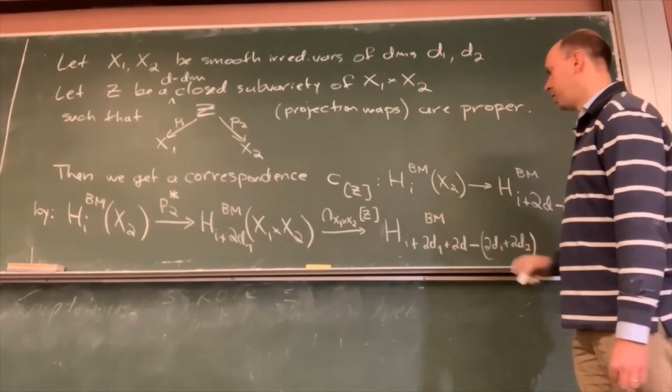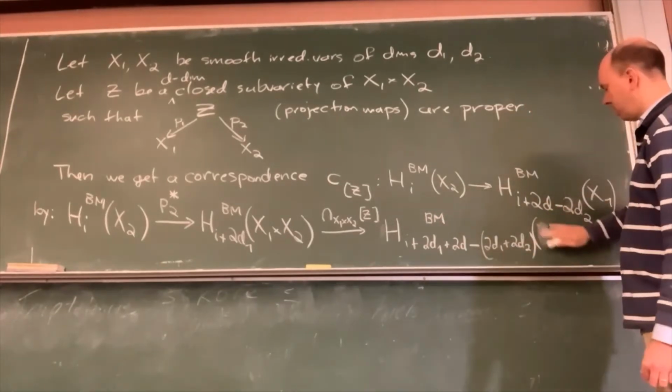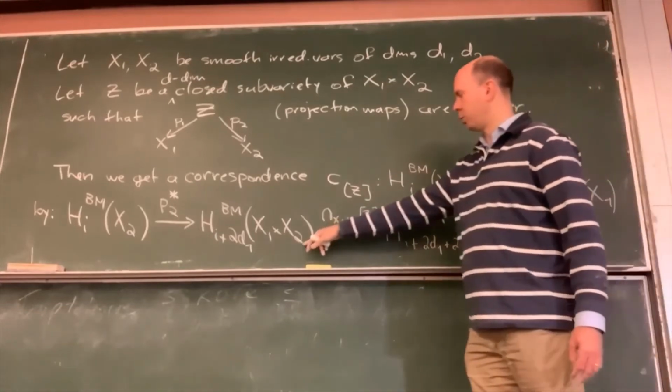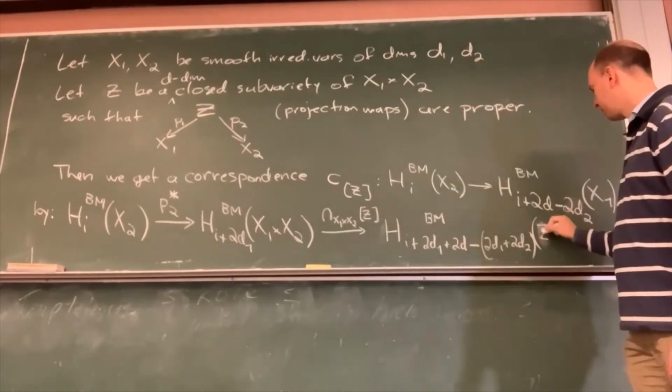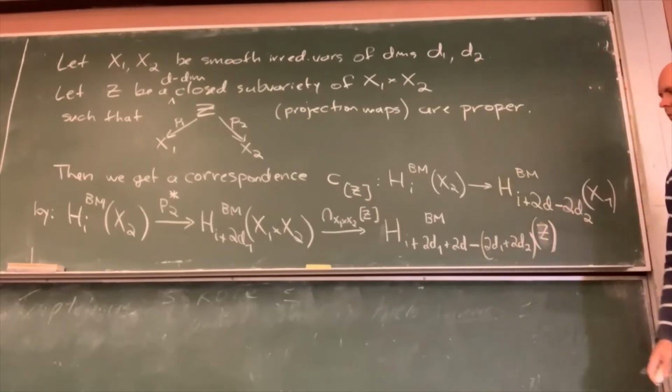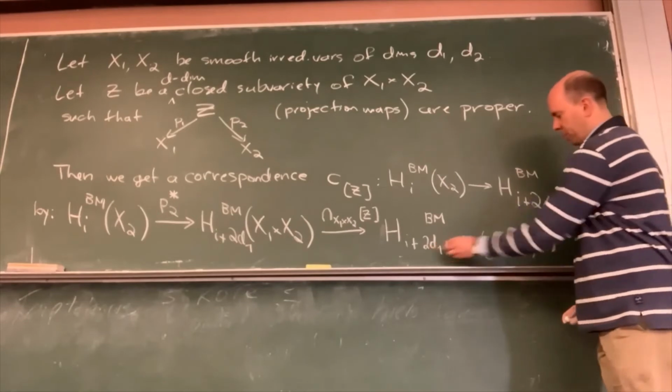That's Borel-Moore homology of, so now it's the intersection of X1 cross X2 and Z where this lives, which is just Z. So of course the 2d1 cancels here.